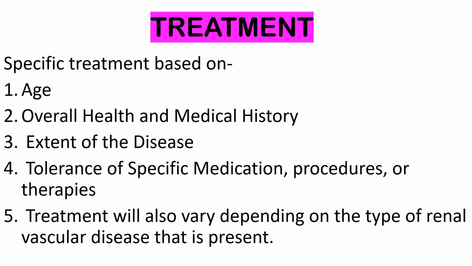Are you clear how the treatment will be based? We have not yet come to the main treatment. We are just seeing what they will check before performing the real treatment.